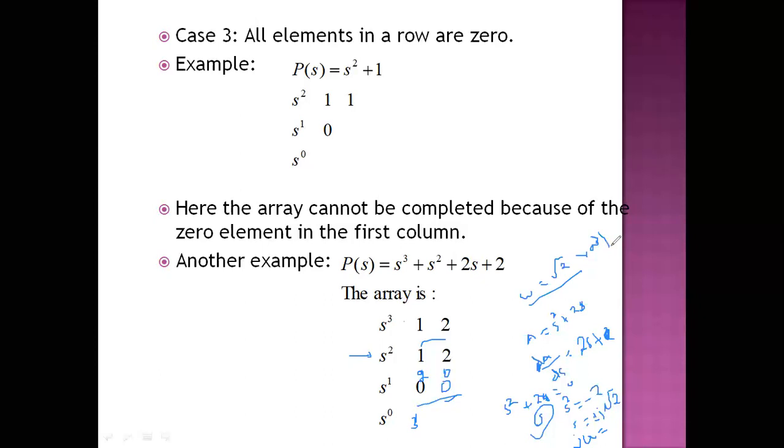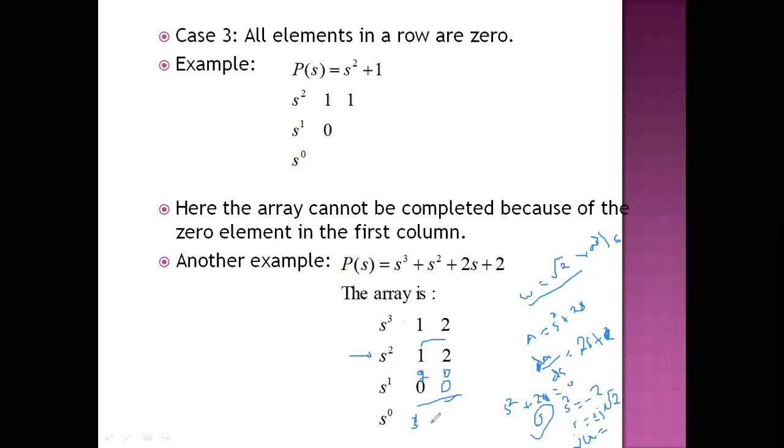So if all the elements in a row become 0, formulate the auxiliary equation. Then differentiate the auxiliary equation with respect to s. You will get 2s. So substitute here 2. Then you can find out the remaining element and check the stability.